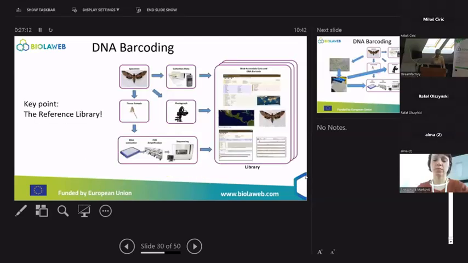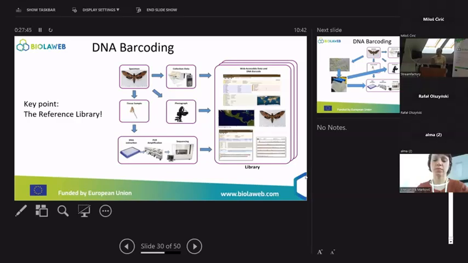of barcodes. For example, here you have the library called BOLD, developed in Canada by Paul Hebert. How does it work? For one butterfly specimen, you have the specimen, you keep it in the collection. You have all the metadata that goes with the specimen, that means everything about where you collected the sample, who collected it, who identified it, and so on.